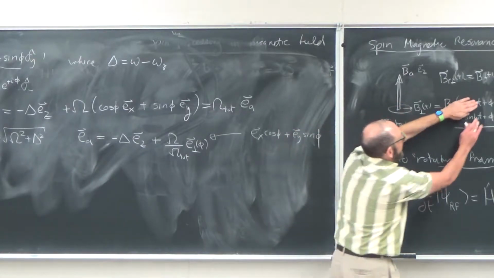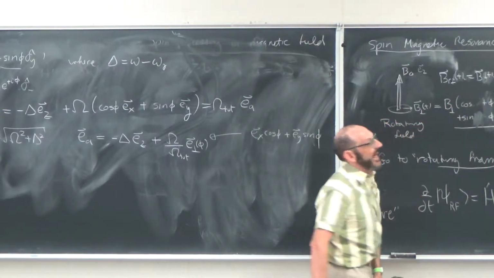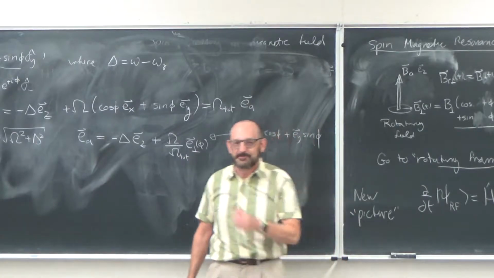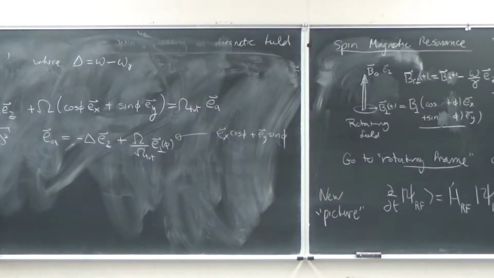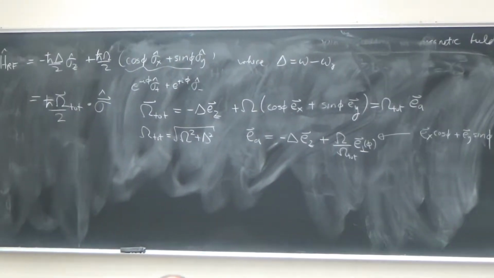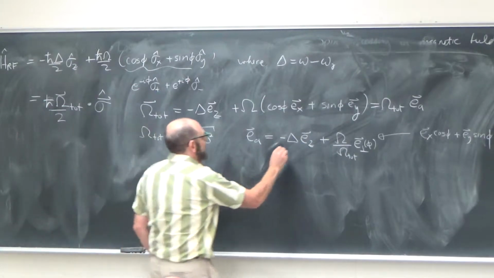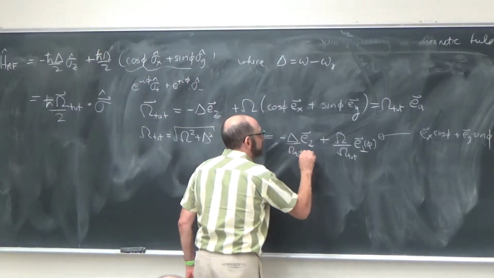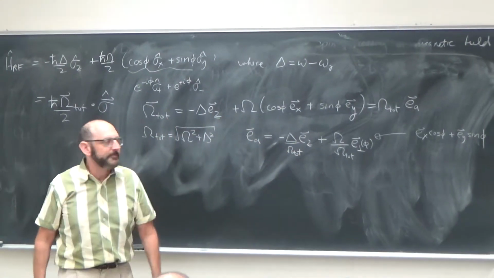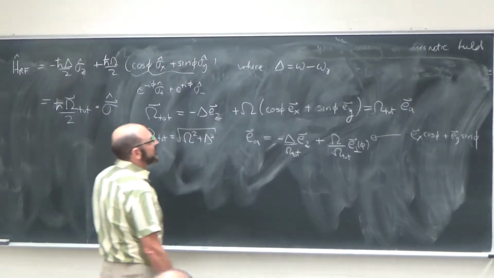And in the rotating frame, it's that. Okay. I'm sorry? Oh, yes, sorry, omega tilde. Yes, thank you very much. So this is what's called the generalized Rabi frequency.